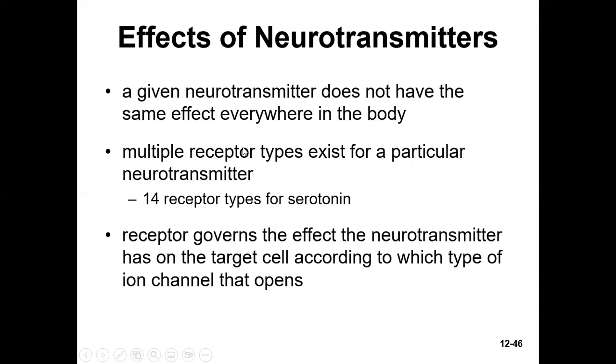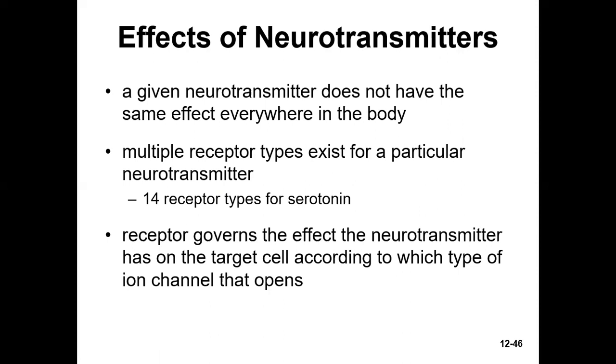Multiple receptor types can exist for a particular neurotransmitter. For example, there are 14 receptor types for serotonin, meaning that serotonin can be released, and you have to have a particular type of receptor, again, in order to be able to receive the message.